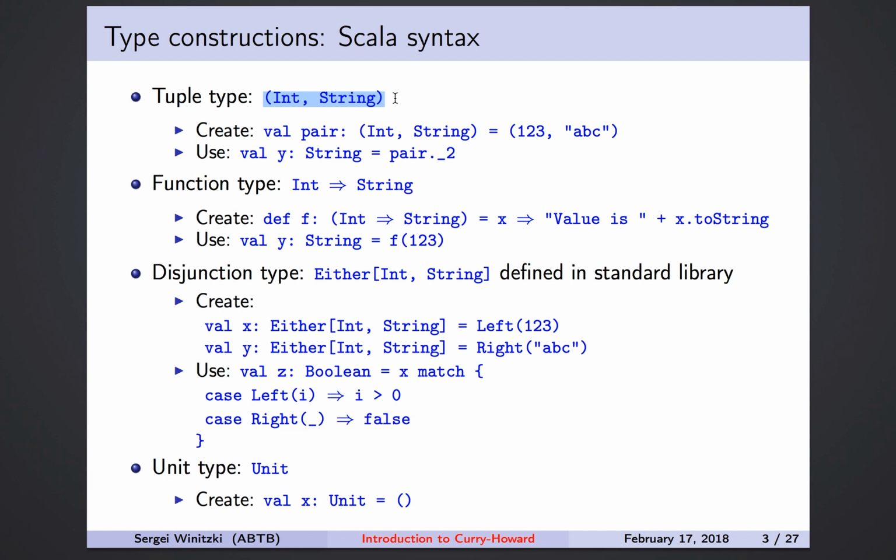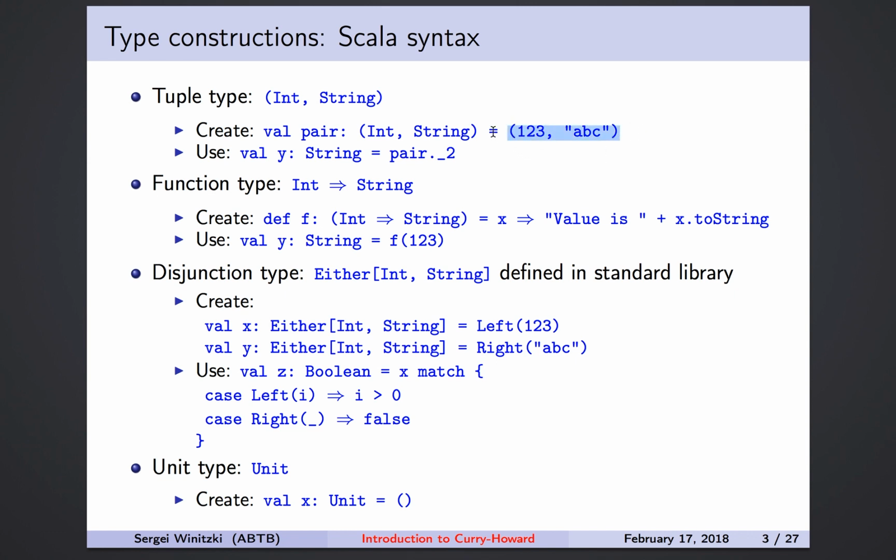This is the Scala syntax for the tuple type. You can create a tuple type. In other words, you can create a value of the tuple type using this syntax. In order to create a value, you just take, let's say, two values, one integer, one string, and put them together in a tuple like this.